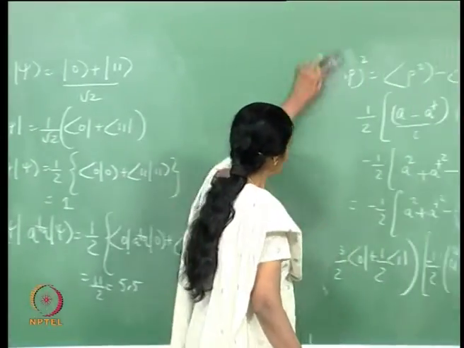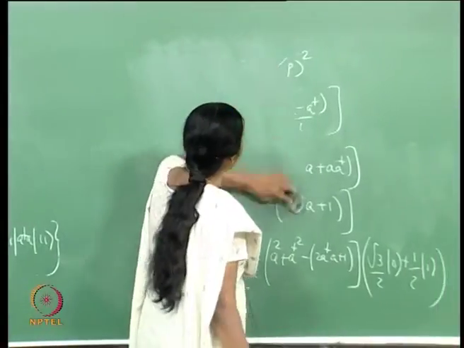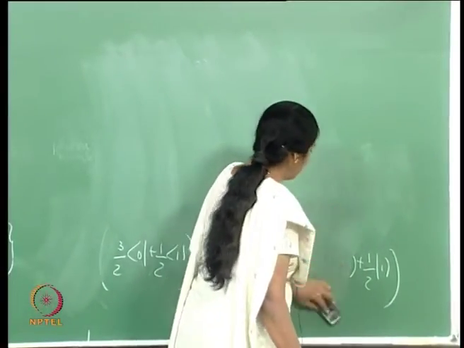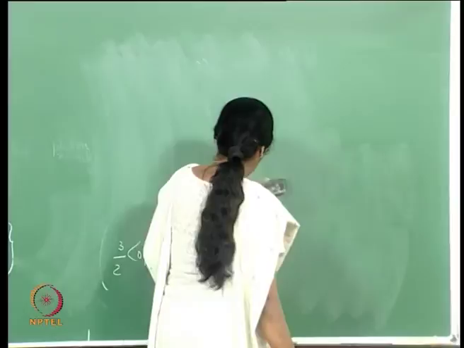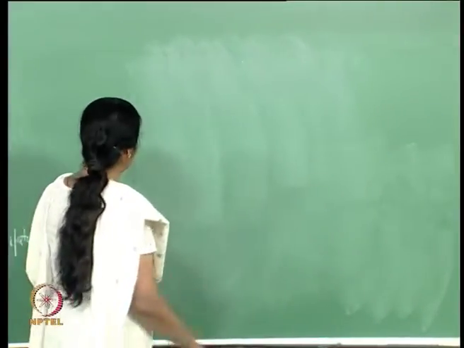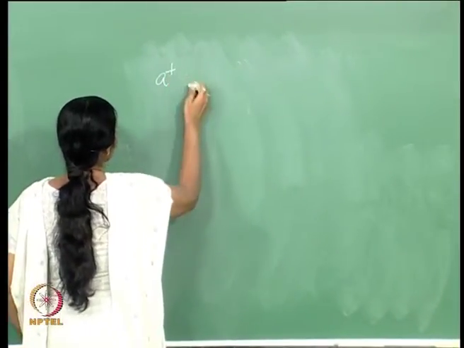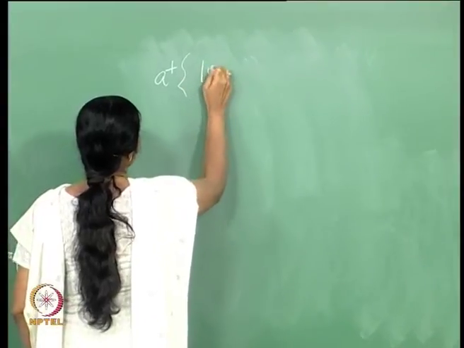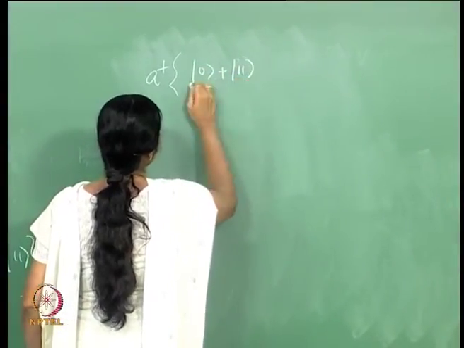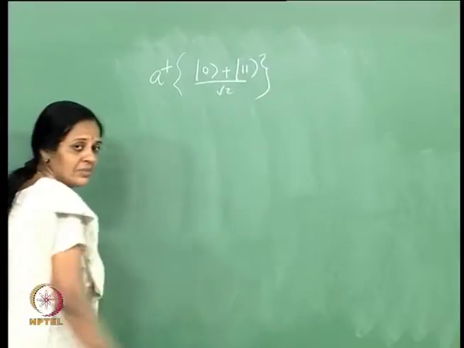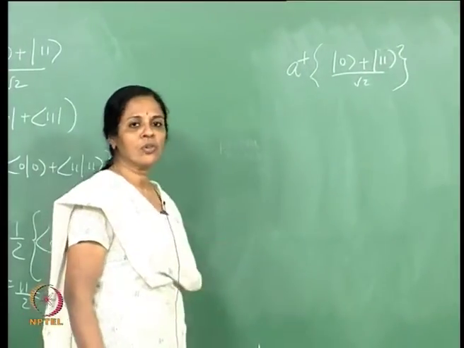Now, let me pump in photons into the state. I wish to do A dagger on ket 0 plus ket 11 by root 2. In other words, I am going to add photons to the state.